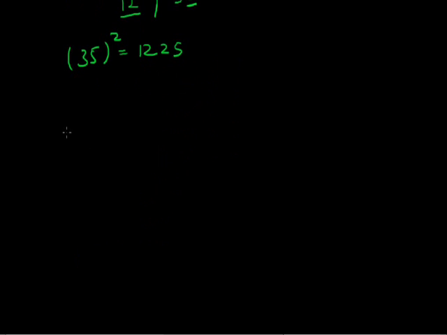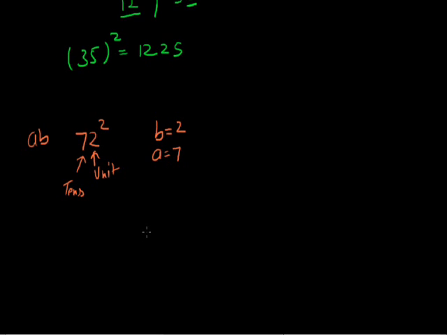Let's say I want to find the square of 72. If I compare it with our two-digit number AB, this is your unit digit and this is your tens digit. So we can say that B equals 2 and A equals 7.